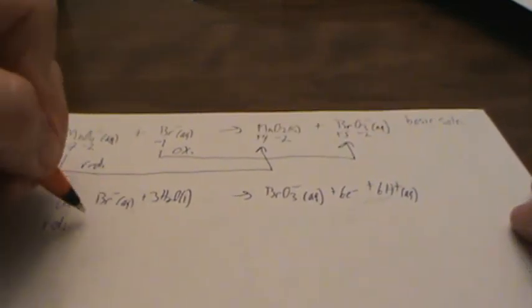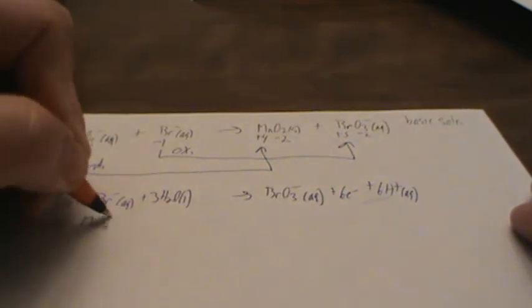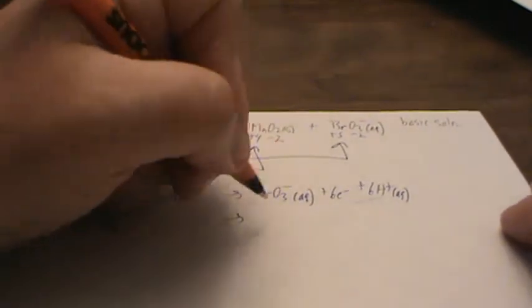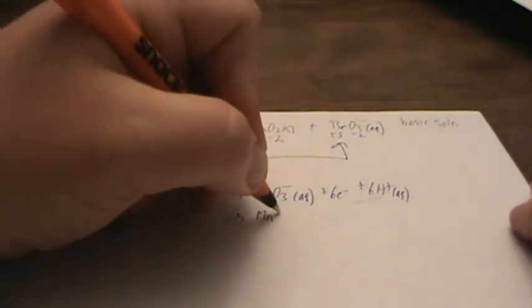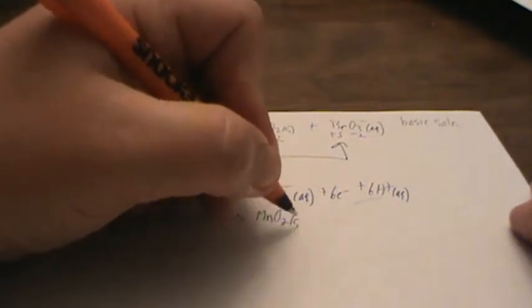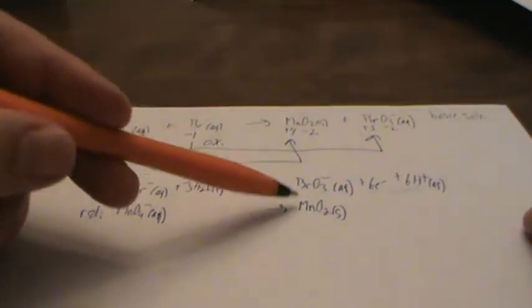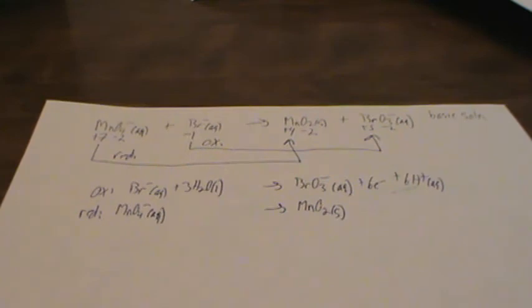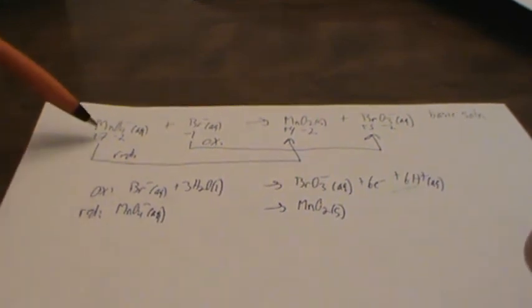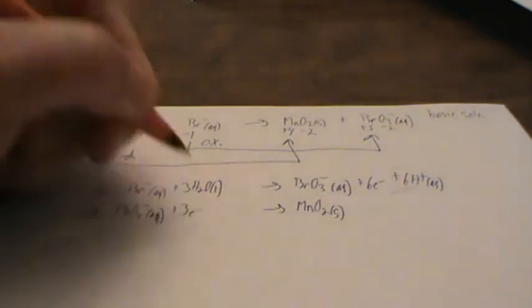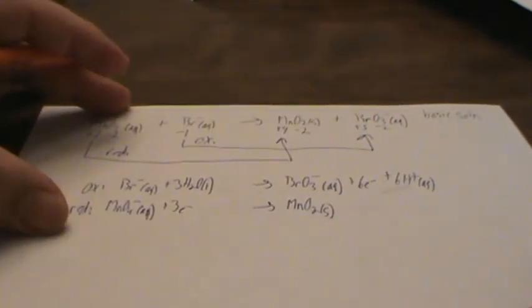Alright, now the reduction. Permanganate yields to manganese 4 oxide. Alright, so going through the steps, one manganese, good to go there. How many electrons are we gaining? Well, manganese goes from a plus 7 down to a plus 4, so it is gaining 3 electrons.